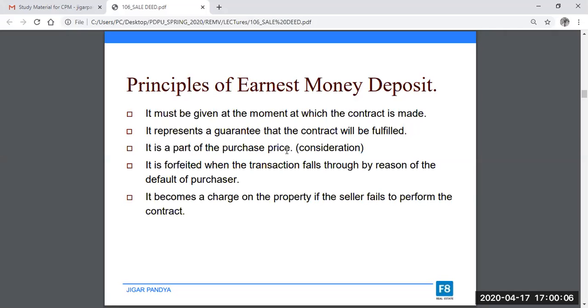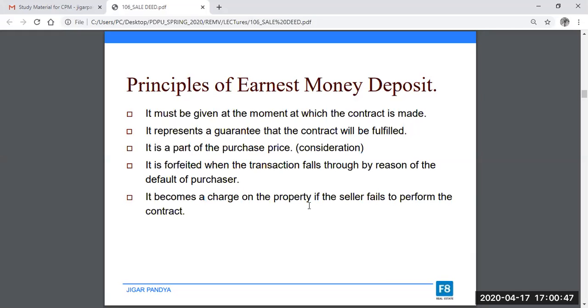It is understood that at the end of the transaction, after inspection of titles is done and if everything is fine and the possession is given, the remaining amount of 95 lakhs is the only amount that requires to be paid. For any reason, if the title is not clear or if the title is not marketable, and if this deal does not go through, the 5 lakh rupees that is paid initially in the form of EMD creates a charge on the property.